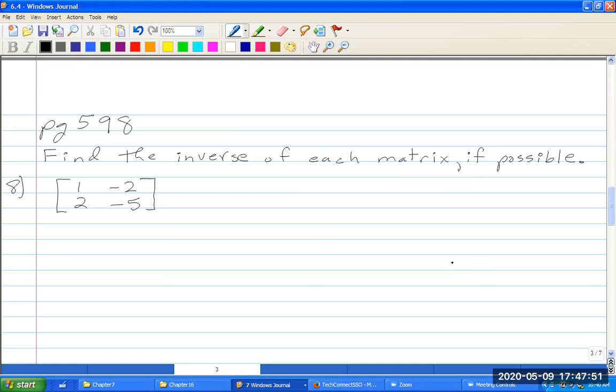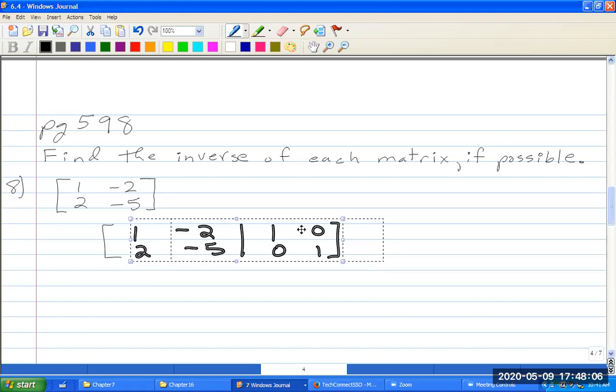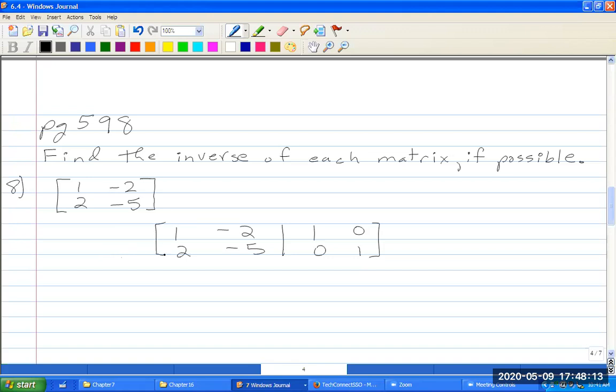So let's rewrite this as an augmented matrix, where the right-hand side of my matrix is the identity, using the idea that we've had from before about pivoting, about writing it in reduced row echelon form.